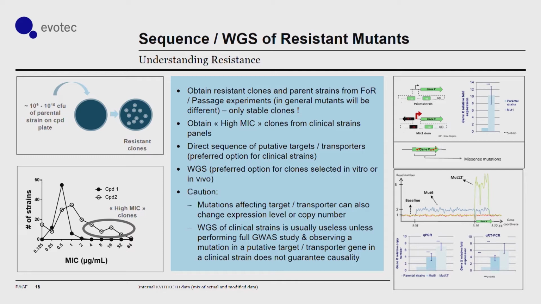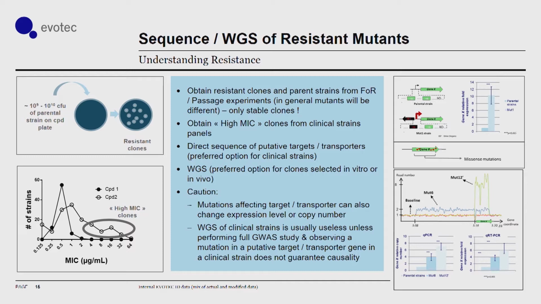Word of caution. First, a mutation can affect the target, as exemplified on the right side, but they can also change the target expression levels, or the transporter. So bear that in mind. And the second point is that the whole genome sequence of a clinical strain is usually useless unless you do a full-blown genome-wide association study.